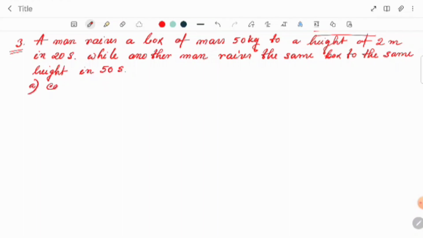Question 1. Compare work done. Number 2. Power developed by them.